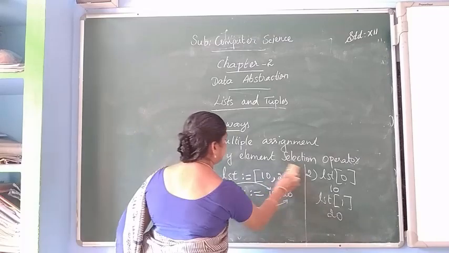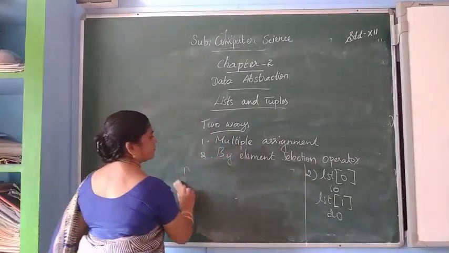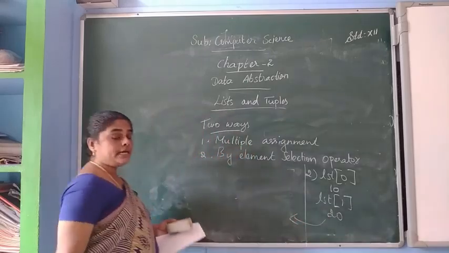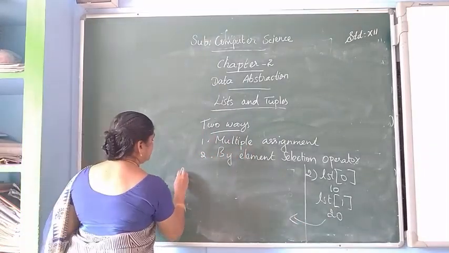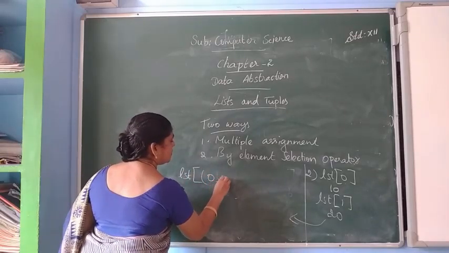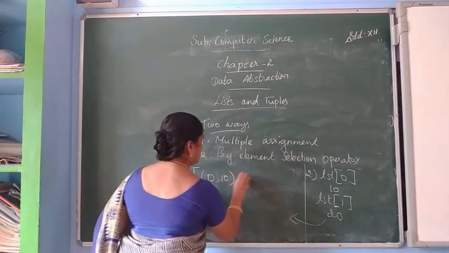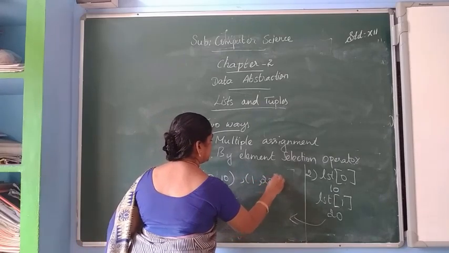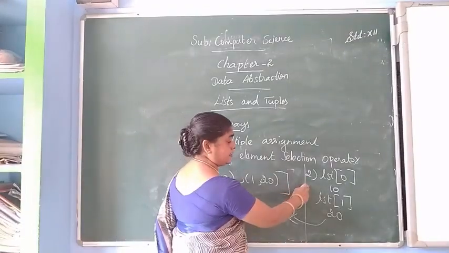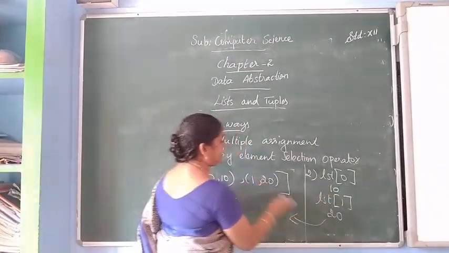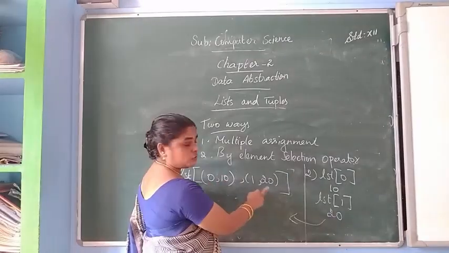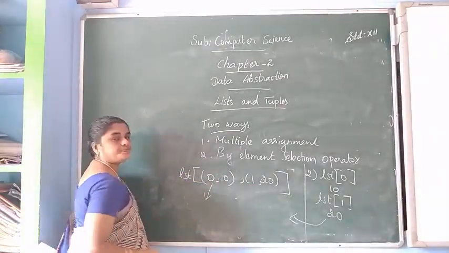Then this can be written as LST square bracket, inside 0 comma 10, then comma 1 comma 20. See, this element selection operator can be written as LST 0 comma 10 comma 1 comma 20. See, what is 0?